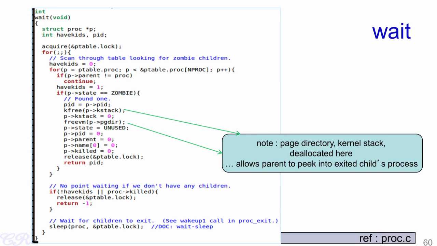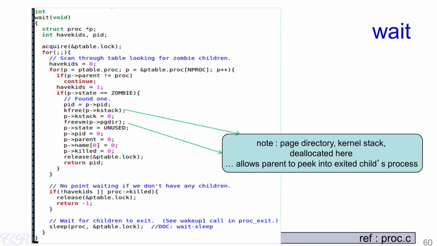So, you may have noticed two things. First, the kernel stack of the exiting child is freed at this particular point. Second, the page directory corresponding to the exiting child is freed at this particular statement. So, freeing the child process's stack as well as page directory would allow the parent process to peek into the exited child process.